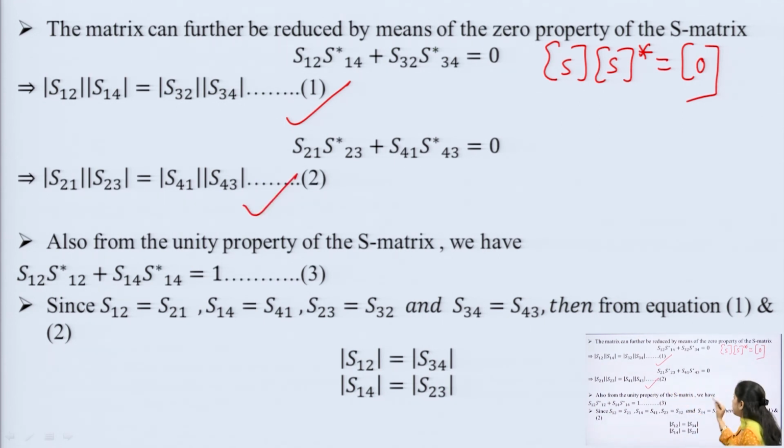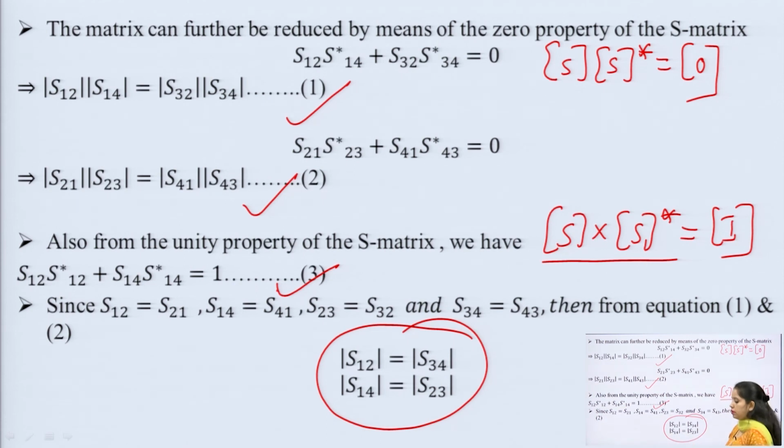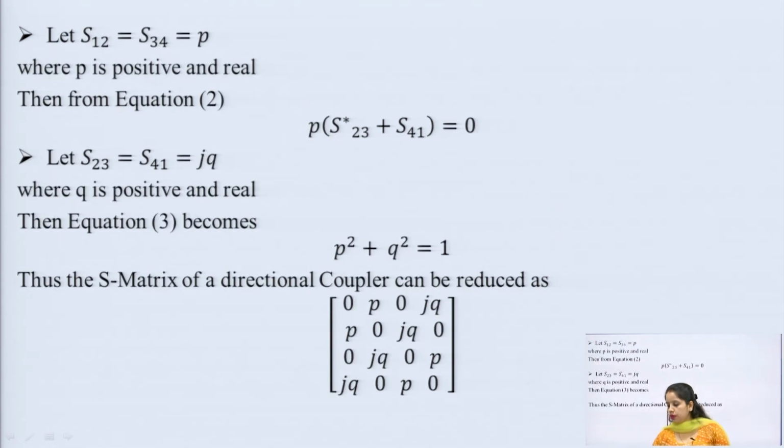And again by applying the unitary property, S multiplied with its conjugate, we get I, that is our identity matrix. So, by equations 1, 2 and 3, we are able to get these two relations where S12 is equal to S34, and S14 is equal to S23.